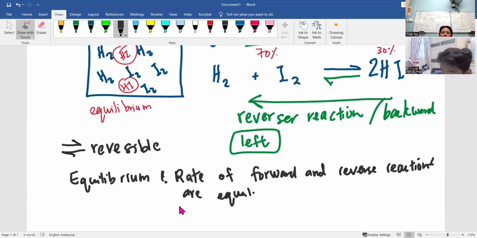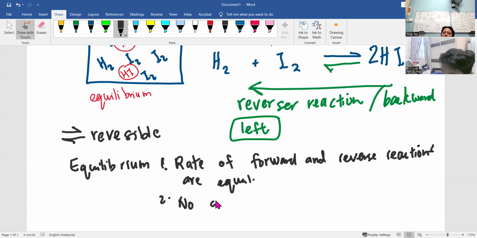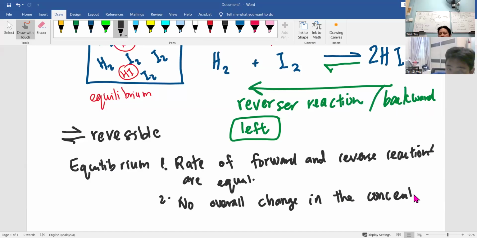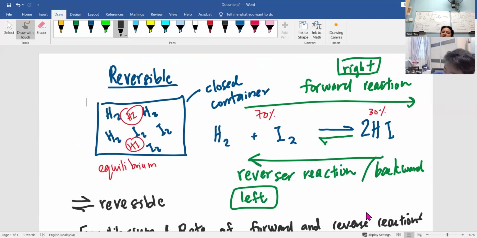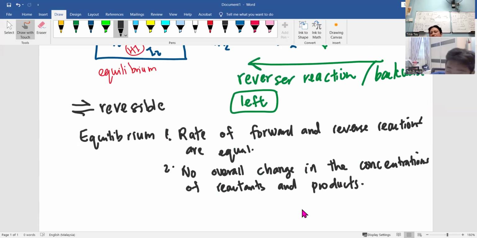That's the first part of the definition. The second part is there is no overall change in the concentrations of reactants and products. That means if it's 70% and 30%, it stays 70% and 30%. It doesn't change anymore.